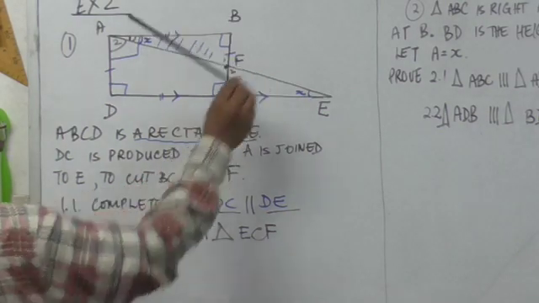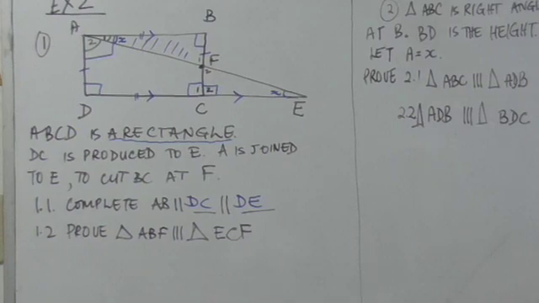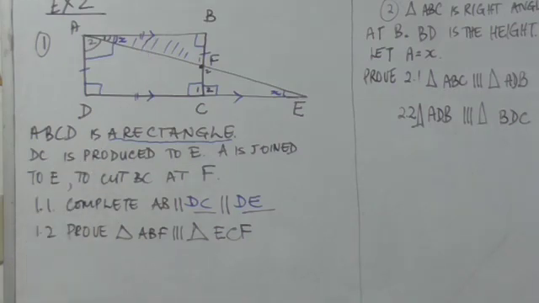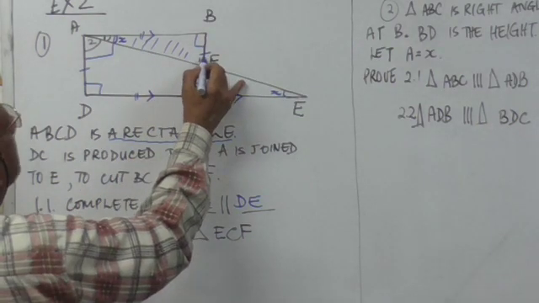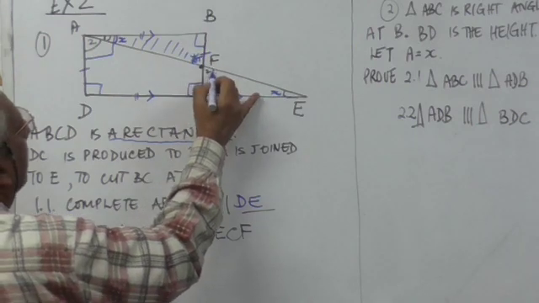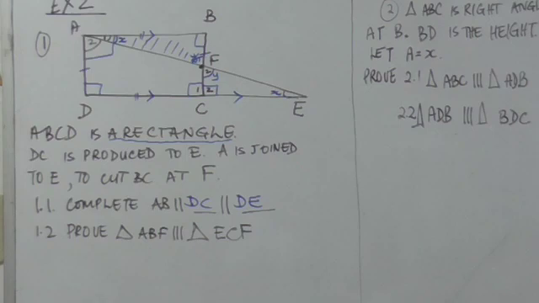And this is a straight line because A was joined to E. Therefore, even this angle is equal to this angle, vertically opposite. So you can mark whatever you like. So this one is Y and this one is Y. So always try to mark your angles equal.